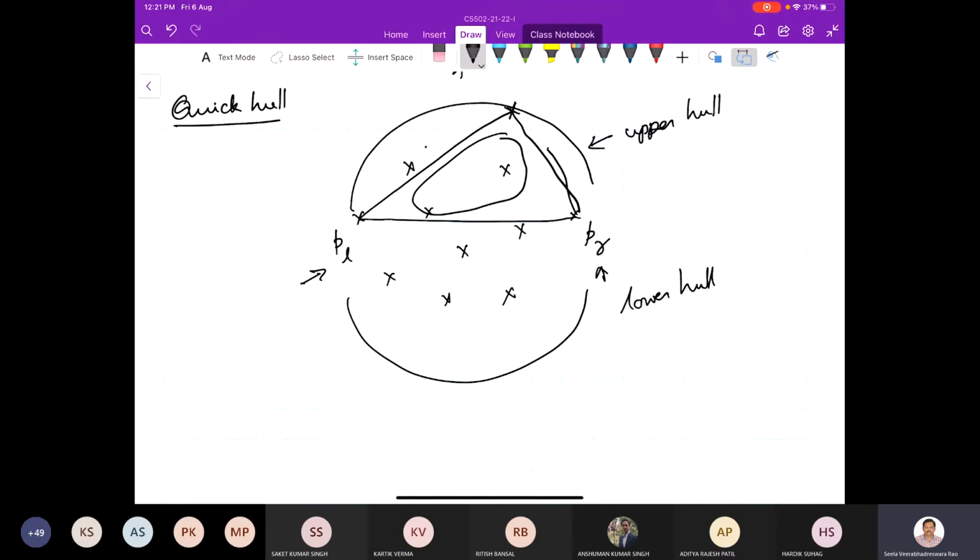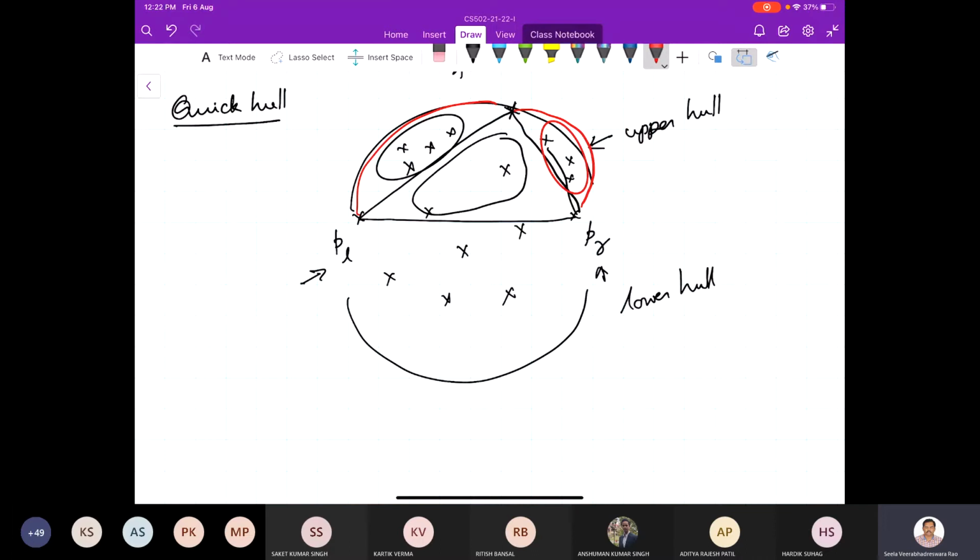Now, there could be some points here. Again, we consider this set of points for computing this part of the convex hull, and these other points are used to find this part of the convex hull. So this is the recursive way of doing it.